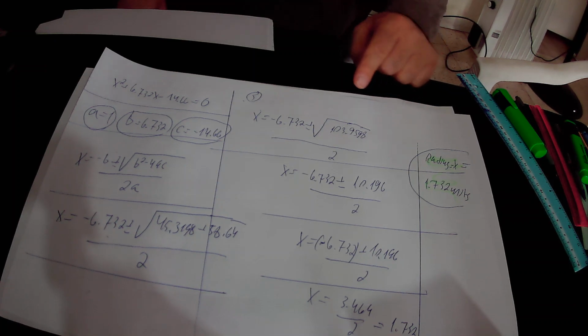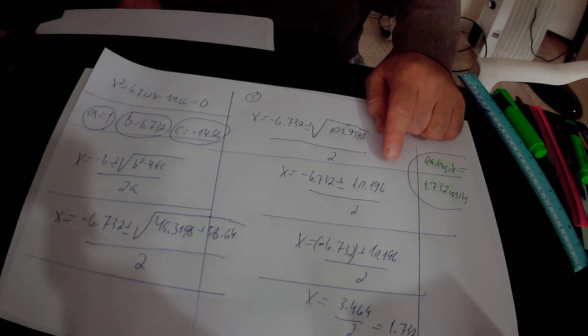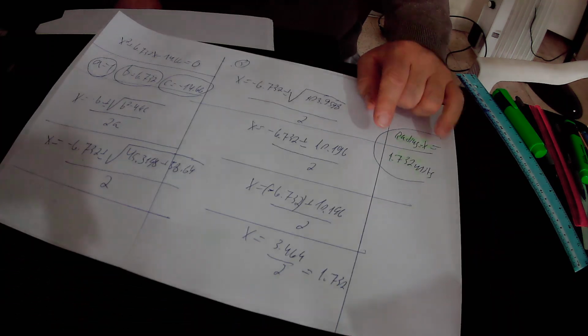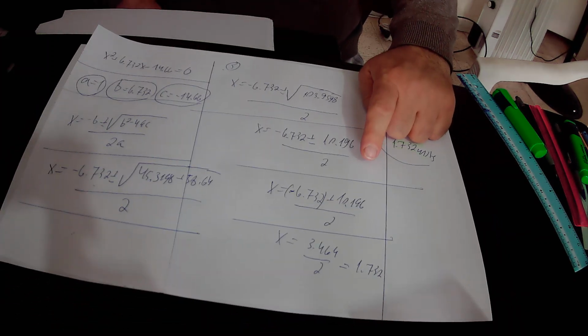So x equals minus 6.732 plus or minus the square root of 103.9598, which is 10.196, divided by 2.